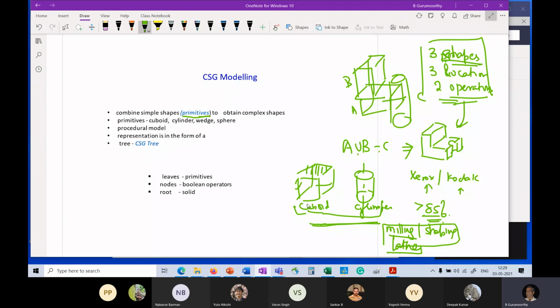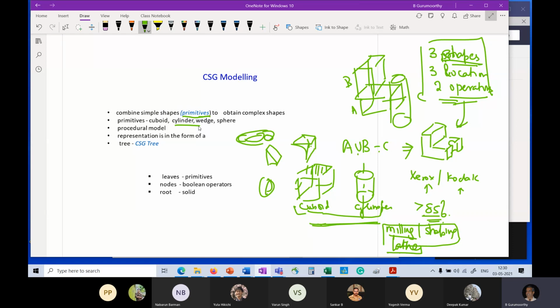Okay. Of course, later, people kept adding more primitives just to make life easy for the modeling person. And so you started seeing primitives such as a wedge, a fillet, and so forth, a sphere, a torus, so these became added to the list of primitives.